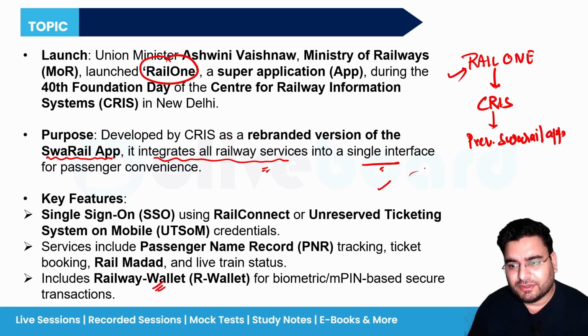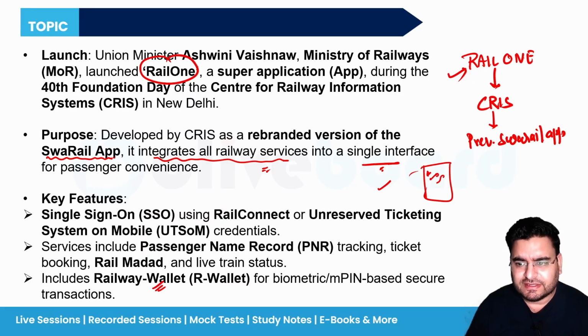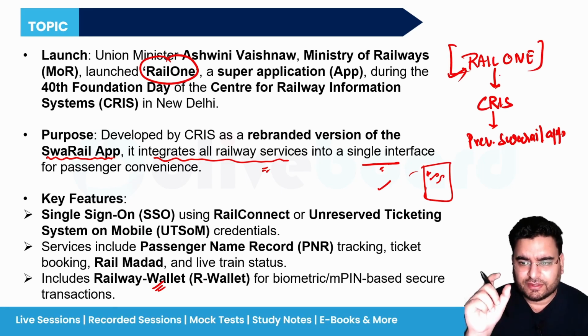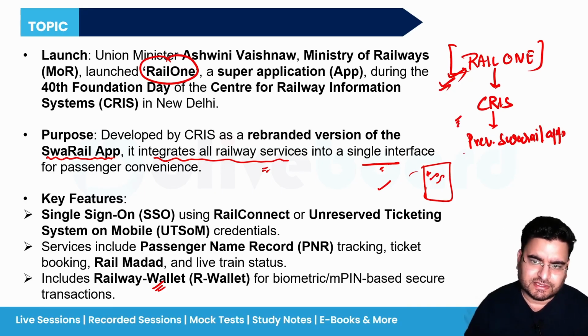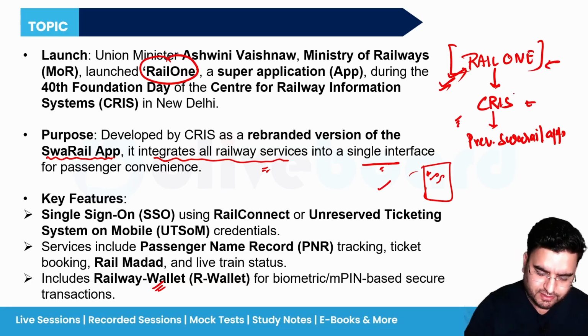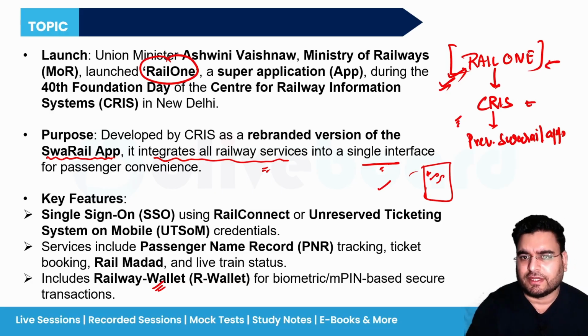Just like Paytm or Google Pay app where you can store money, where you can pay the electricity bill, all the types of bills you can pay, right? So it is a single app. Similarly, Rail One is for all the railway services integrated into a single app, developed by CRIS, Center for Railway Information System. Clear? So two keywords you have to remember for this entire news. Okay. Chal.